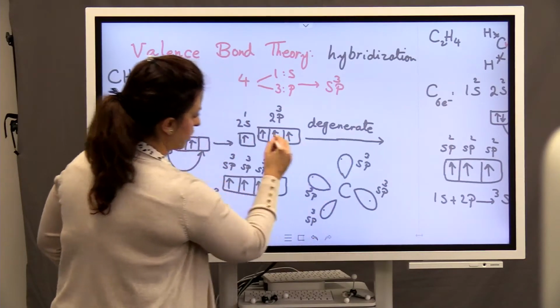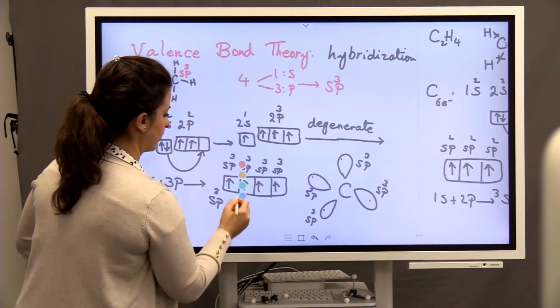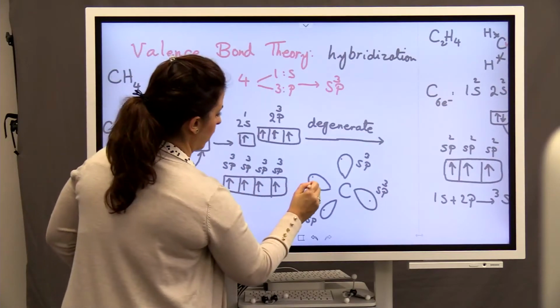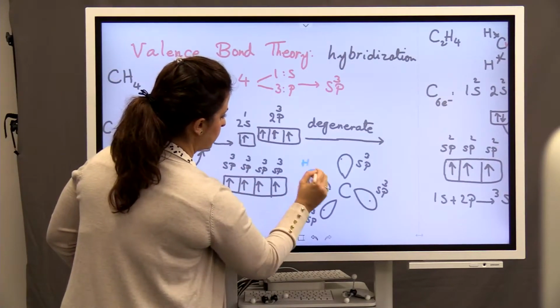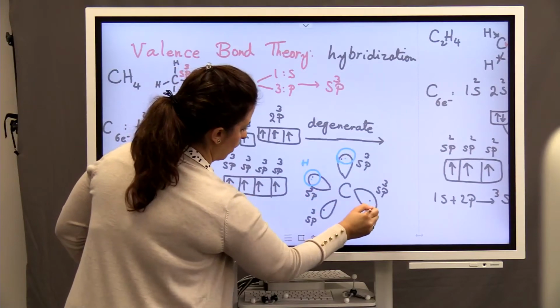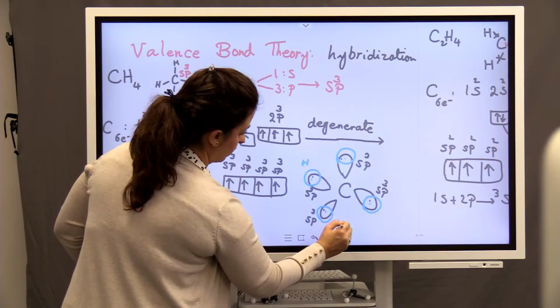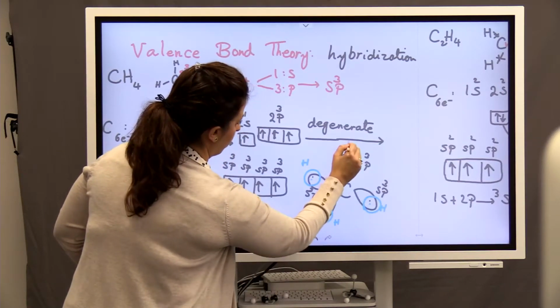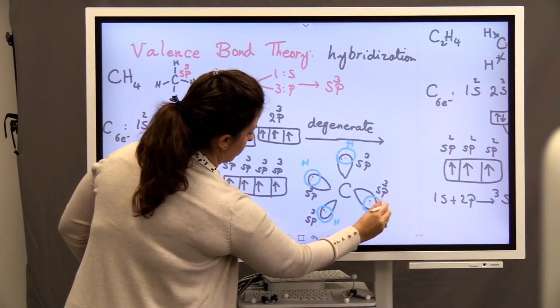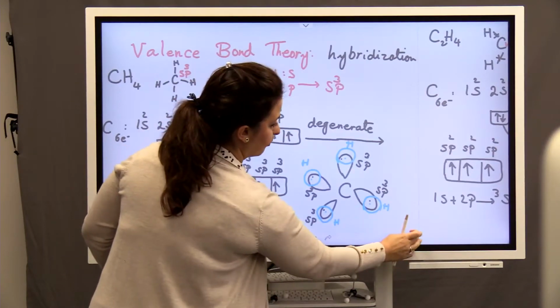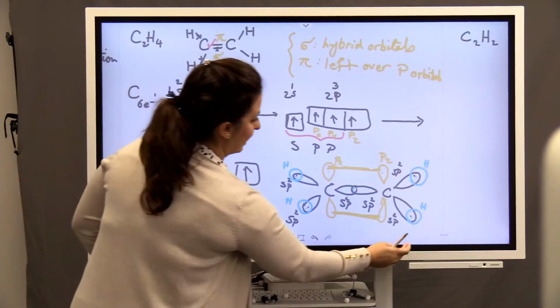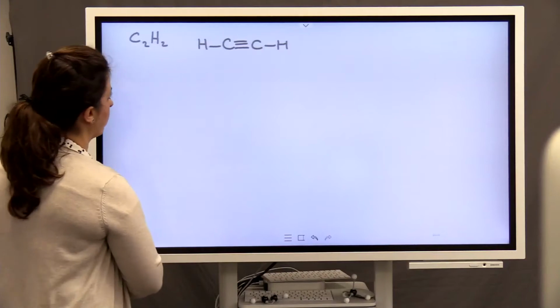You see, p orbitals are all used, so there is no leftover. And then we have 4 hydrogens. And that's how a bond forms.